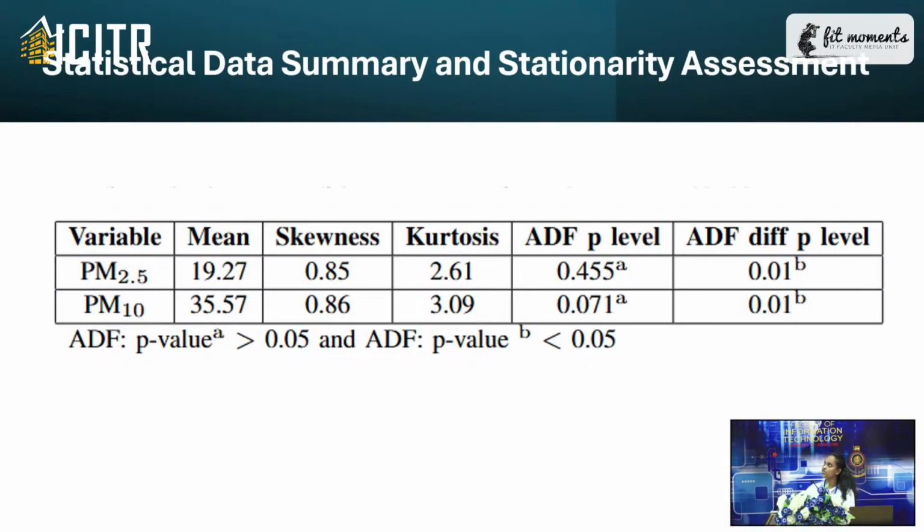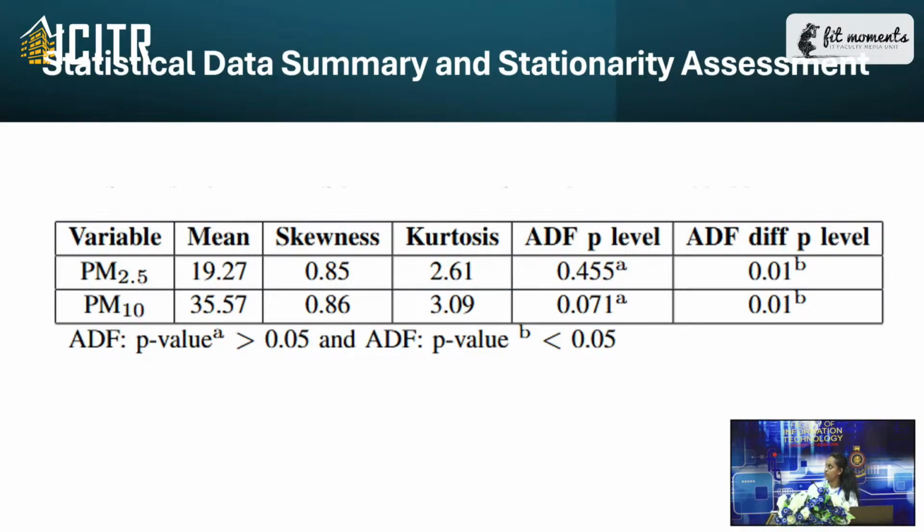Here I mentioned the statistical data summary and the stationarity assessment in this table. The mean, skewness and kurtosis are given as the statistical data summary, and here I mainly focus on the ADF p-values. ADF means the Augmented Dickey-Fuller test, also known as the unit root test. We use this to check whether the data set is stationary or not.